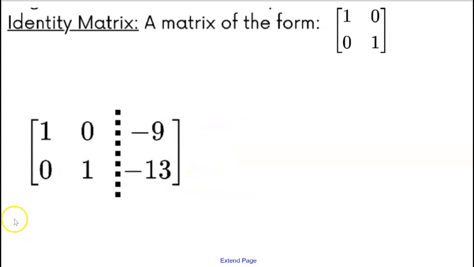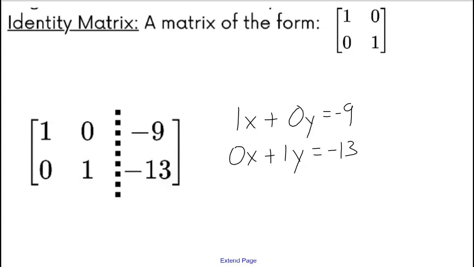You could do different things, but as long as you get 1, 0, 0, 1, those numbers on the end are x and y. In terms of a regular equation, it means 1x plus 0y equals -9, and 0x plus 1y equals -13. Since 0 times anything is 0, I know x is equal to -9 and y is equal to -13. So that's the whole goal of doing these different operations to the matrices.